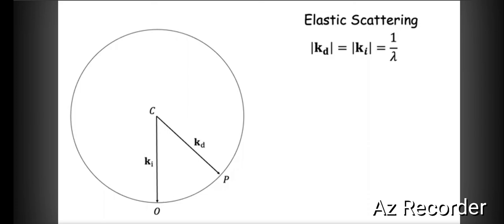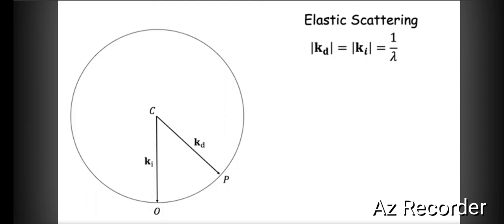The head of Kd, the point P, has to lie somewhere on this sphere. Of course, I have drawn a circle here in the plane of the screen. You have to complete the sphere in your imagination by adding a hemisphere below the screen and a hemisphere above the screen.